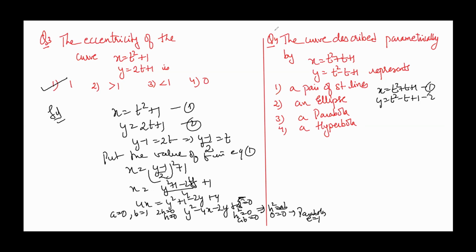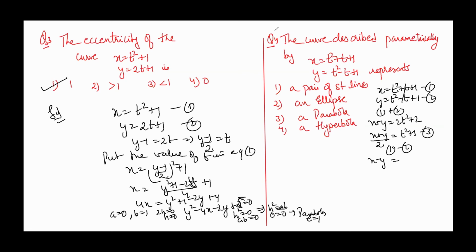First of all, if I add these two equations, I get x plus y is equal to 2t square plus 2, and x plus y upon 2 is equal to t square plus 1. So this is my equation 3. If I subtract 2 from 1, then t square cancels out, and here I get 2t, and the 1 cancels out with each other.